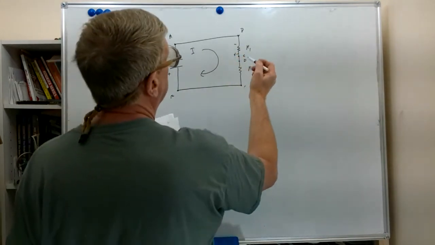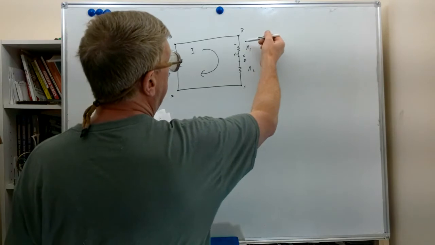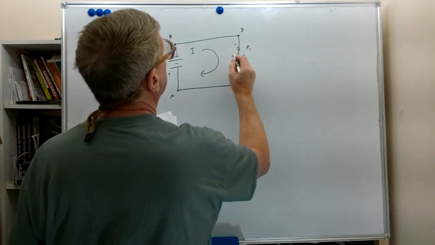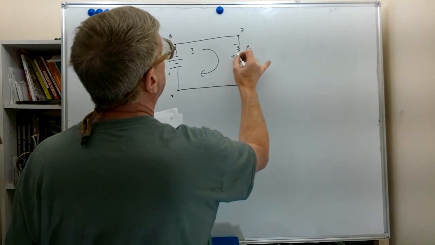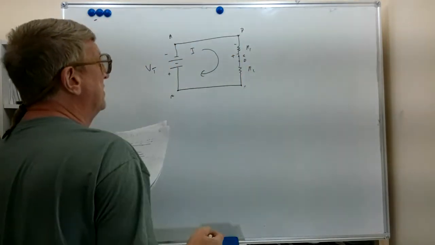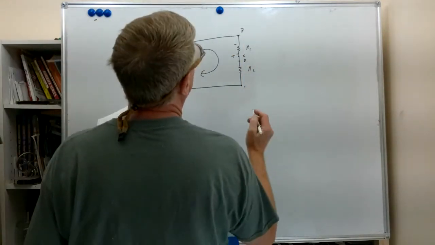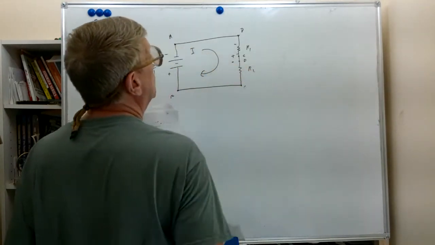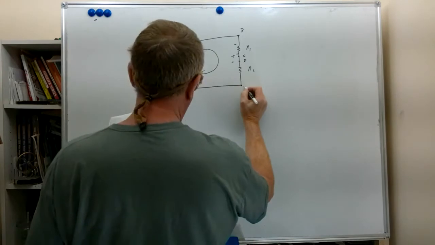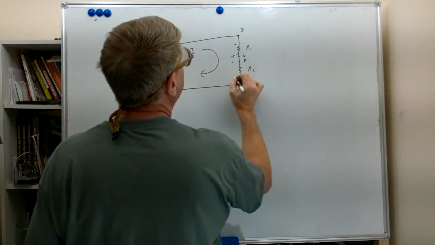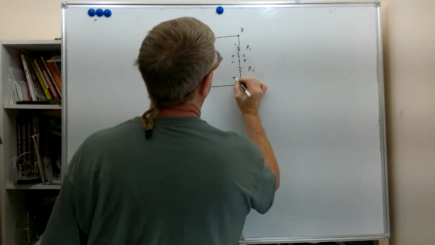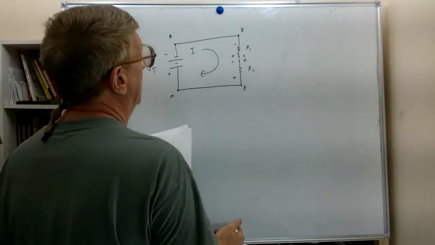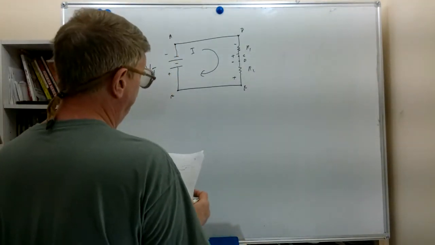So basically, point B is negative with respect to point C. Continuing around the loop here, electrons flow into point D, which is negative with respect to point E, which is on the positive end of R2.